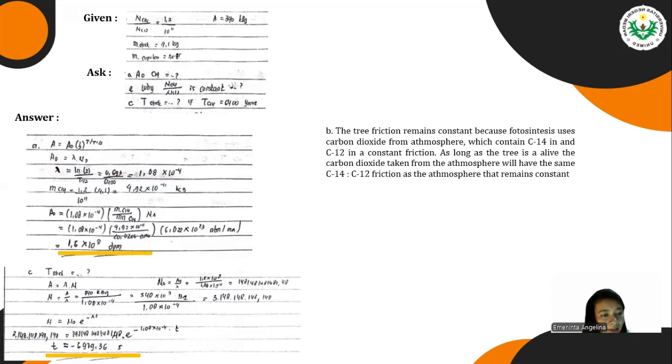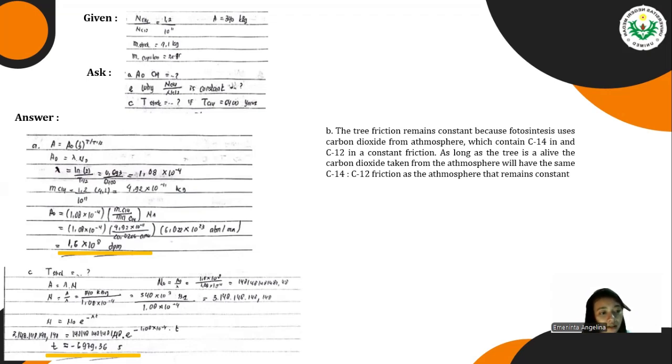And why is N C-14 over N C-12 constant? The fraction remains constant because photosynthesis uses carbon dioxide from the atmosphere. The atmosphere contains C-14 in a constant concentration, so as long as the tree is alive, the carbon dioxide taken from the atmosphere will have the same C-14 over C-12 fraction as the atmosphere. Therefore, it remains constant.